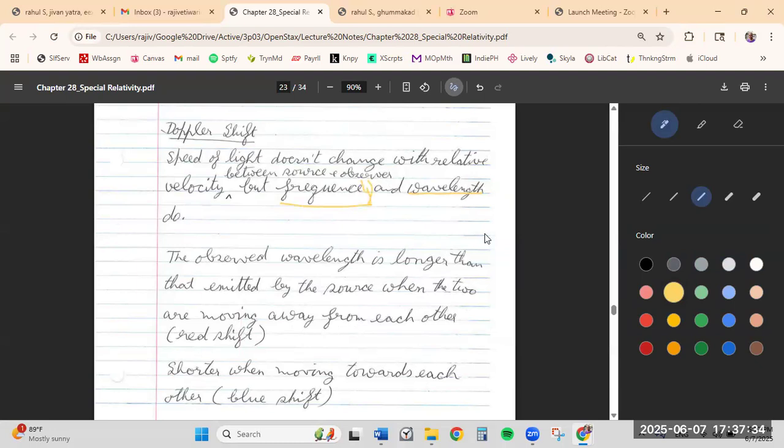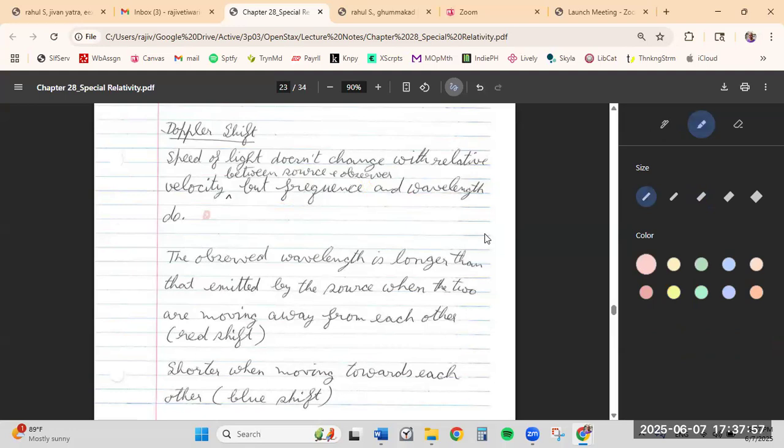To understand why frequency and wavelength are affected by the relative motion, let's consider a source of any kind of wave. It doesn't have to be light, but any kind of wave.